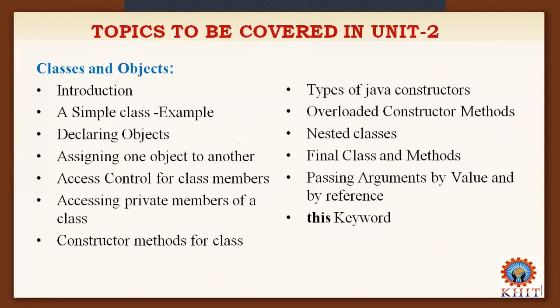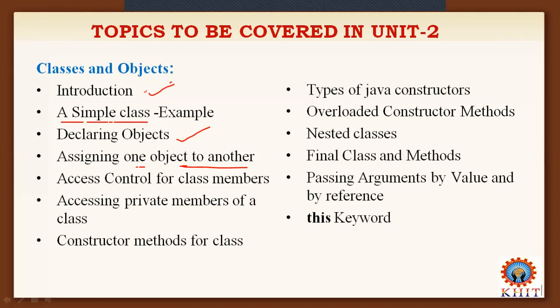And these are the topics to be covered in Unit 2, Chapter 1, Classes and Objects. Introduction to classes. First thing is introduction to classes. And a simple class example, declaring objects for the particular classes, assigning one object to another object.